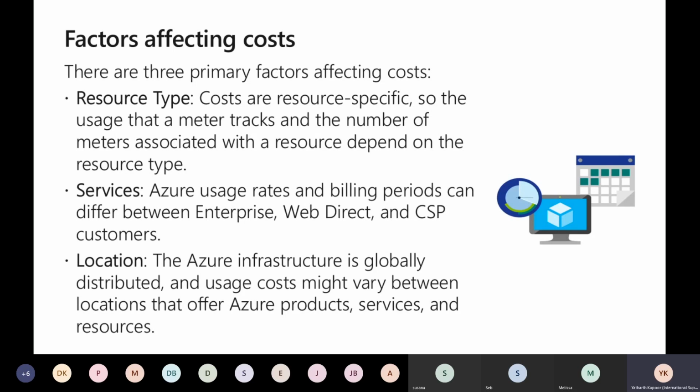This is a very minute difference in cost, but it's a difference nevertheless. If you create or buy your products from a different region, different regions have different pricing of products. A virtual machine could be $6 for me and $6.25 for somebody in the United States. Totally possible. So the location can actually dictate the cost as well.